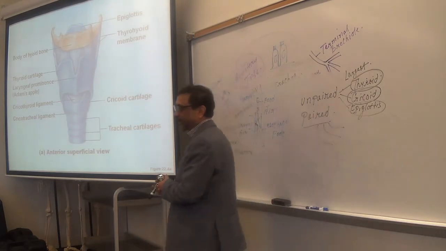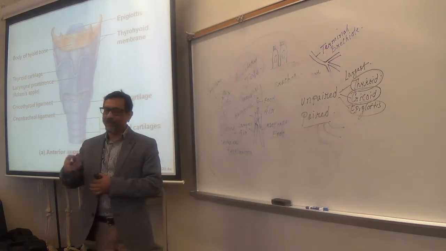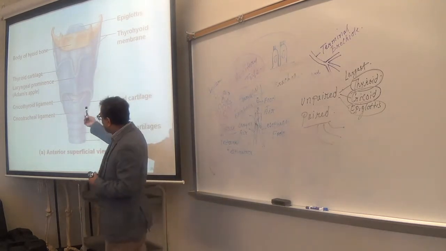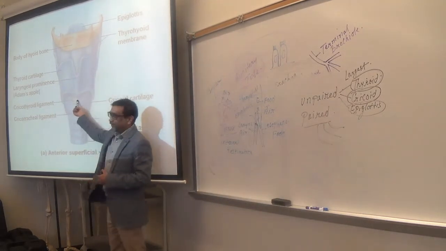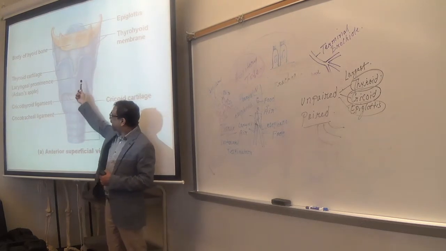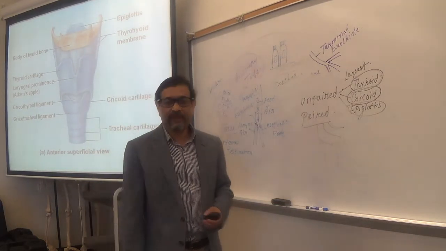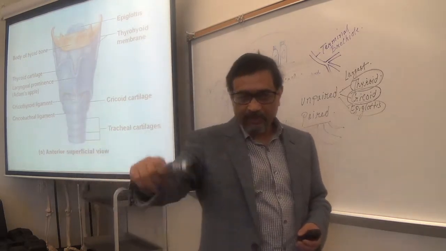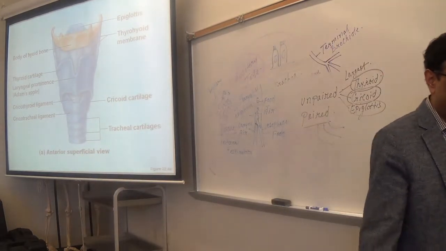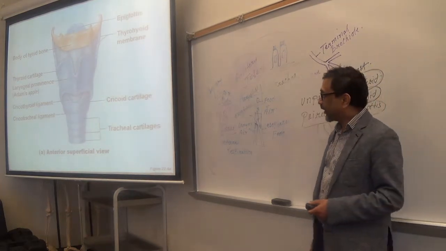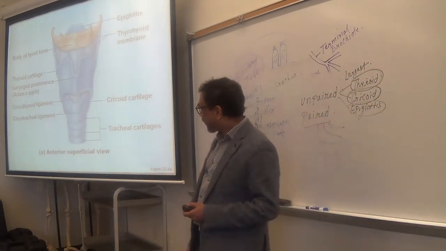That's why it is called thyrohyoid. Starting from the bottom one, then a ligament. This is called a ligament that connects the cricoid and thyroid. This is called the cricothyroid ligament. Again, starting from the bottom one. Cricothyroid what? Ligament. So those are the things you see from the front.